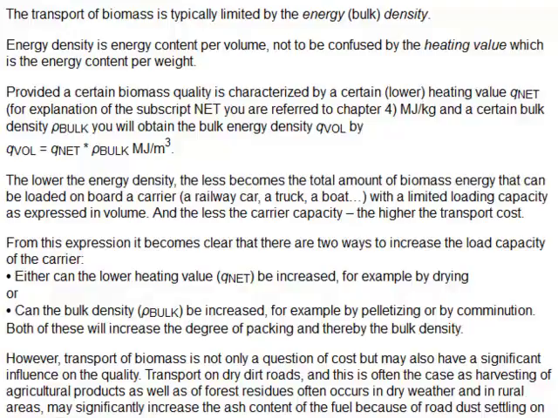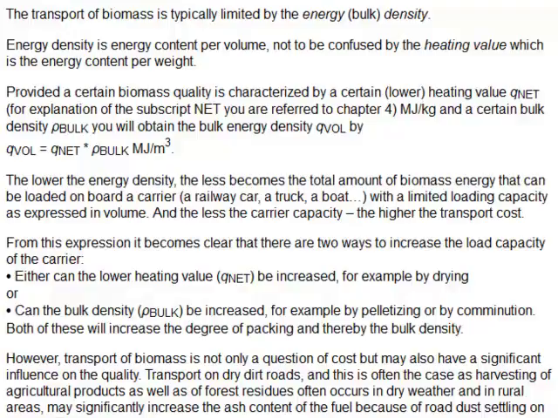In case of biomass and biofuel, the situation is very often that the transport is volume limited, so that the total amount of tons is not full in the vehicles, but the volume is full. And that means that the transport will become expensive. So increasing the bulk density is a crucial factor to improve the transport economy.